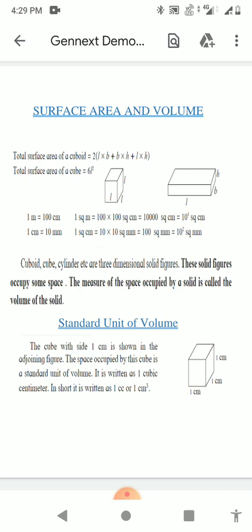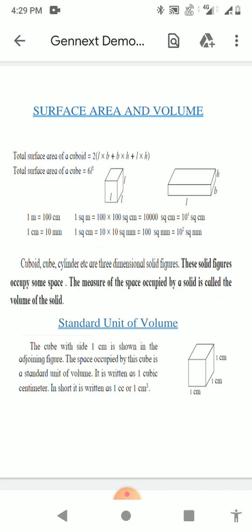So for each face this is L square, and there are total 6 faces, so your formula becomes 6 into L square. So total surface area of a cube is equal to 6 into L square, where L is the side of the cube. Instead of length, we can say it is a side. It will be more precise.